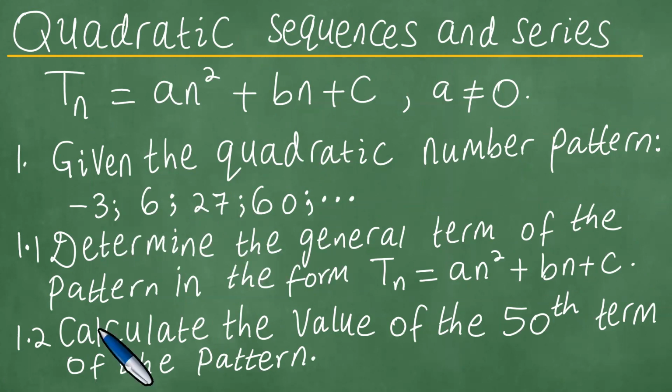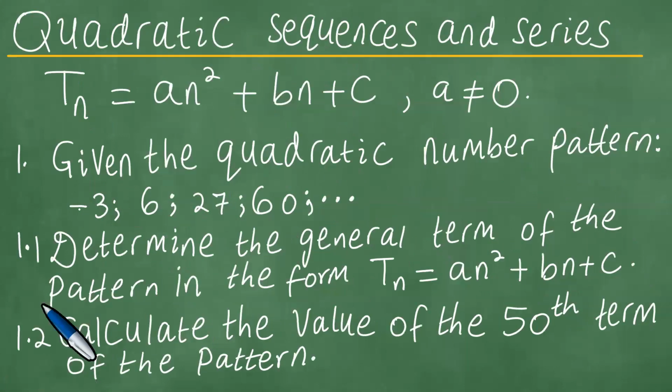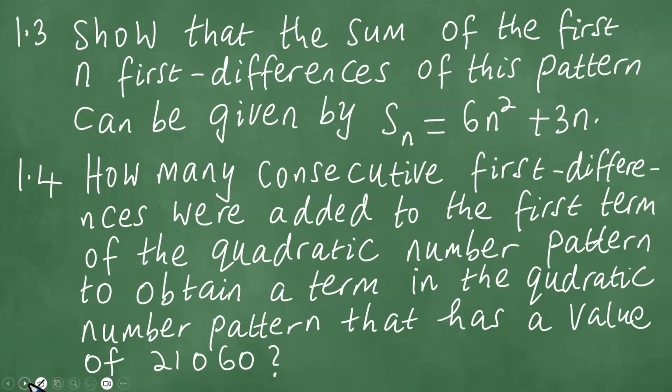And so we are adding the consecutive first differences to the first term, -3, and if they were added to -3, then the answer will become exactly that.